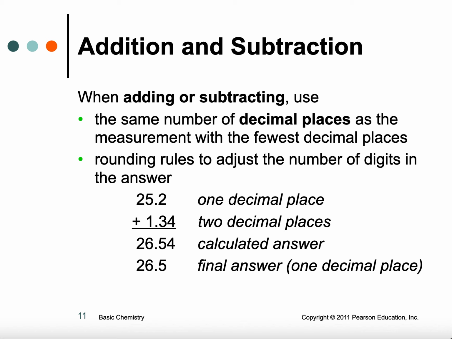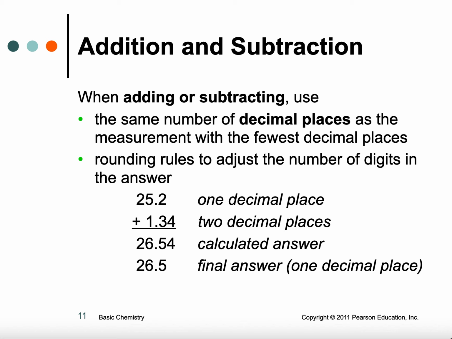So it has 1 decimal place. 1.34 has 3 significant digits, but it is significant to the hundredths place. So if I'm doing math computation with these two numbers, I can't go to the hundredths place because one of my digits is only significant to the tenths place. That means your answer has to be to the tenths.